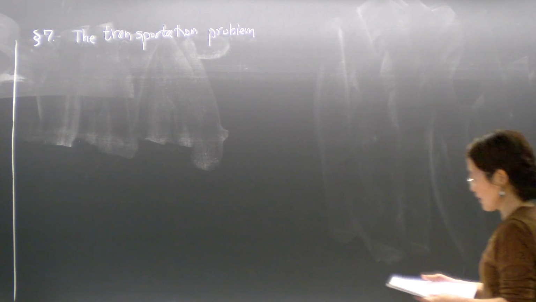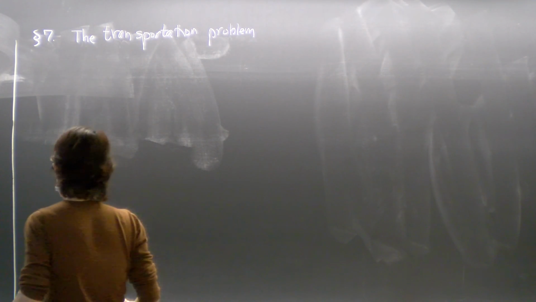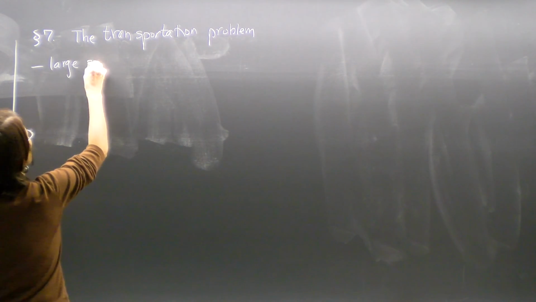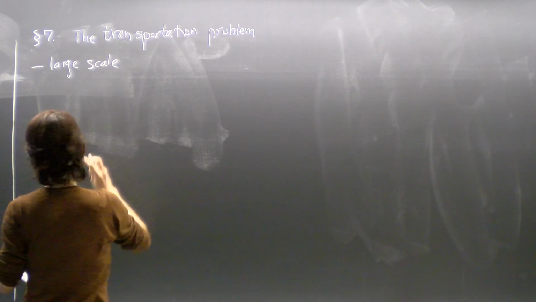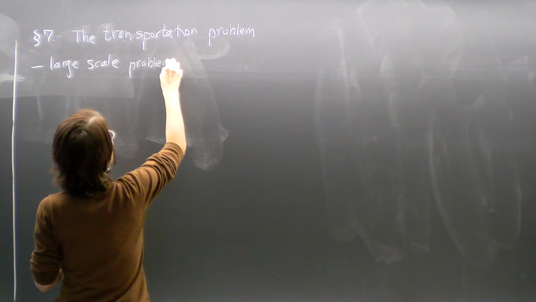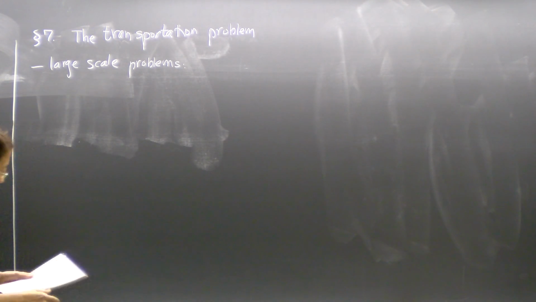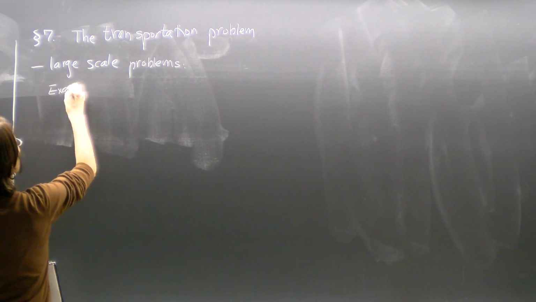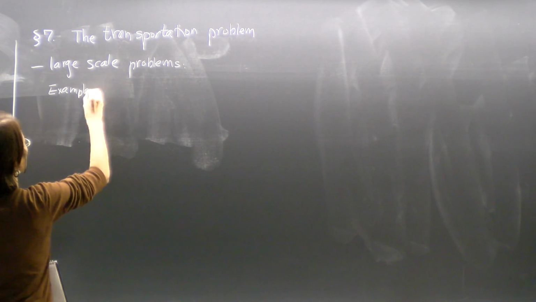What we are talking about here would be even worse; we will be looking at really large-scale problems, meaning I have many warehouses and many retail stores. Let's just take a simple example to have an idea that it can get really nasty.